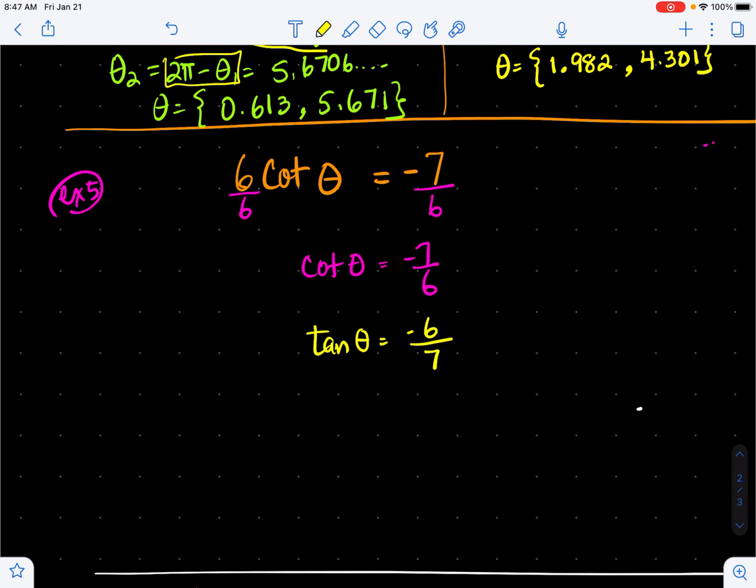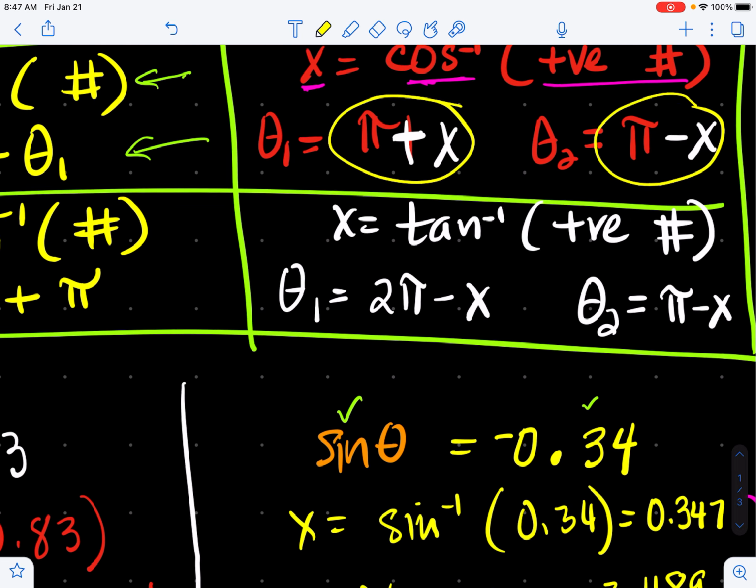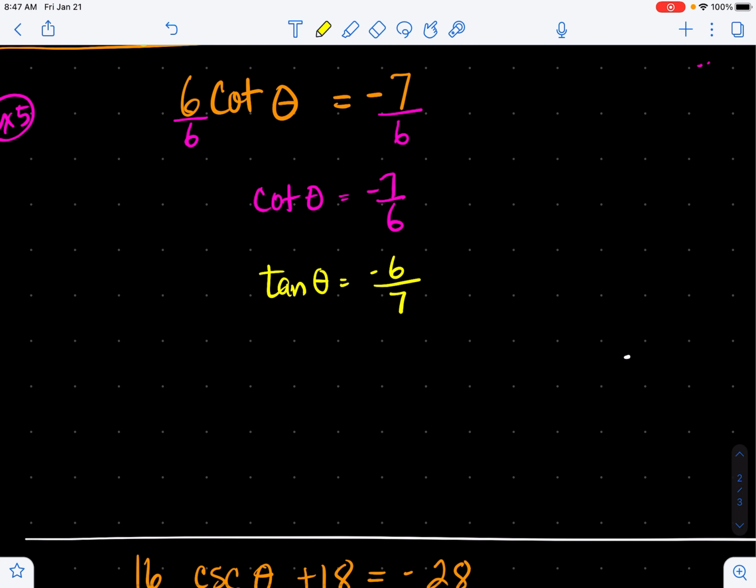Now this has changed into a tangent question with negative value, for which we shall refer to these right formulas. And again, if you've noticed a pattern, if we have a negative value, we first find the corresponding trig function for the positive value. So let's plug in.